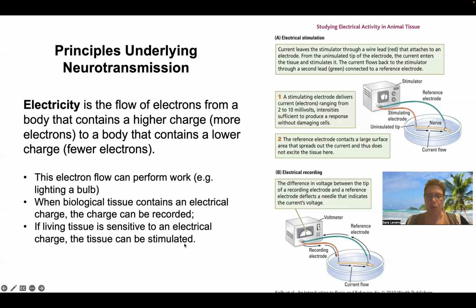We know that electricity can travel over living tissue because people get struck by lightning and we can get electrocuted. But here are some of the basics of how it looks across this nerve. For electrical stimulation, current leaves this stimulator, and this is basically the way they demonstrated that you could have this electrical charge occur across this nerve.